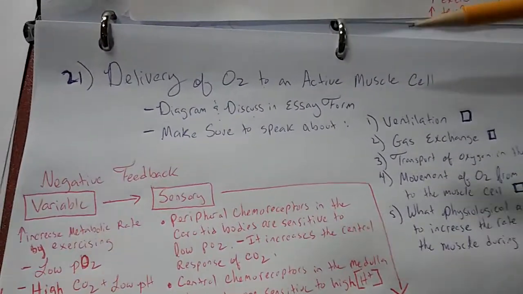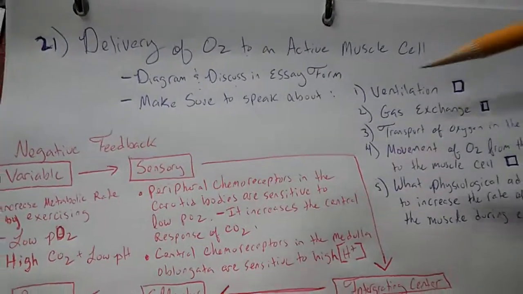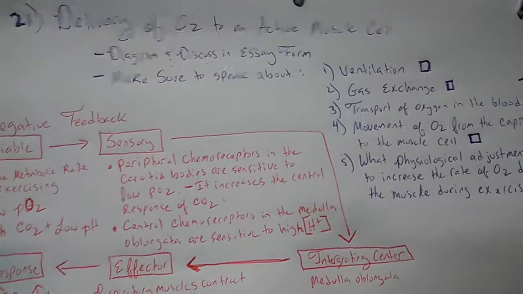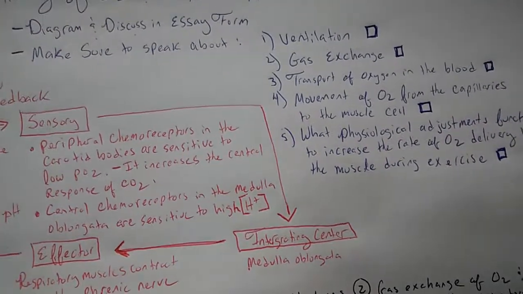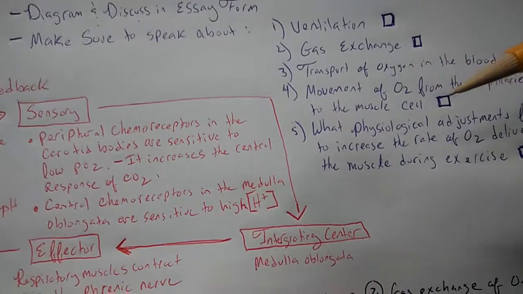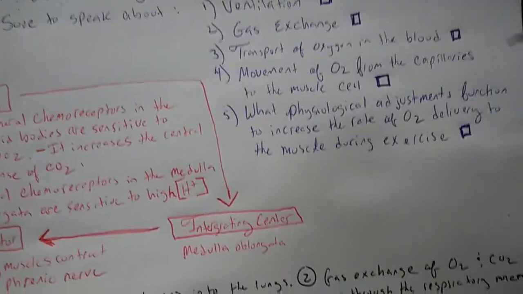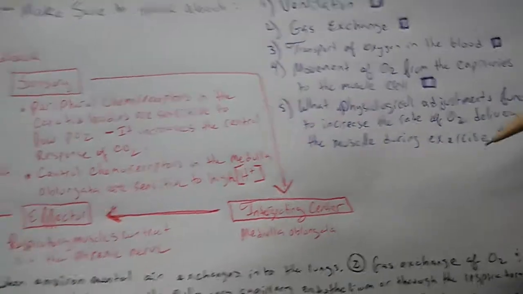Delivery of O2 to an active muscle cell, or delivery of O2 during exercise. We need to talk about ventilation, gas exchange, transport in the blood, movement of O2 from the capillaries to the muscle cell, and what physiological adjustments basically function to increase the rate of O2 delivery to the muscle during exercise.